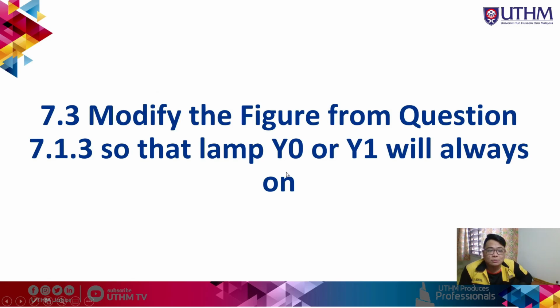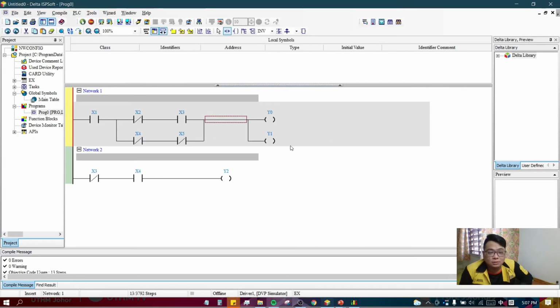The next question to be answered is to modify the figure from question 7.1.3 so that the lamp Y0 or Y1 will always be on. So let's see in the program. This is the network of figure 7.1.3.